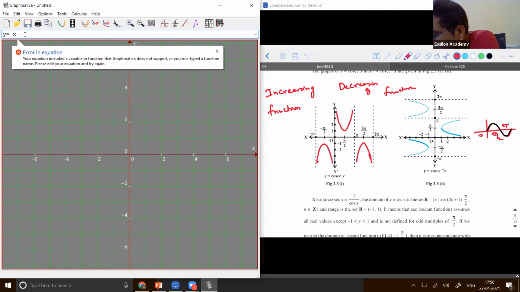For example, for the restricted domain of sine, I chose the values between minus pi by 2 to pi by 2 because it was completely increasing there. For cos x, I chose the values where it is completely decreasing.